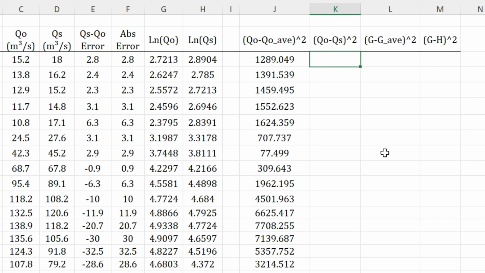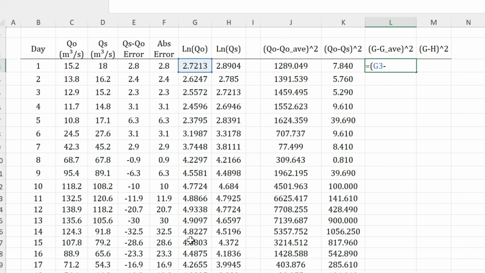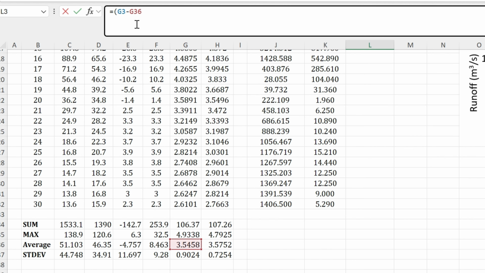Okay, now column K. So here we are going to have basically the error to the power of 2. So what you can do simply is giving this one a power of 2, and that's it. Then we move to the log transform. So for this one, what I have is basically the ln of the observed minus the average value of it, which is this one with the $ sign.